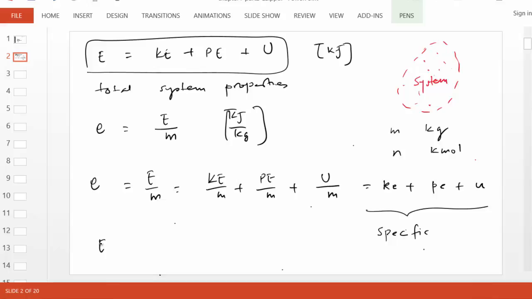Capital E is simply m times small e. Capital KE is m times small ke. This is total kinetic energy, and this is specific kinetic energy. Similarly, PE equals m times pe, and EU equals m times eu.